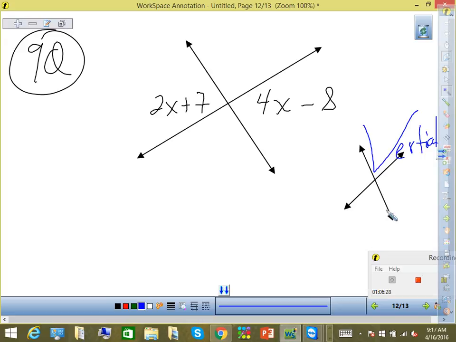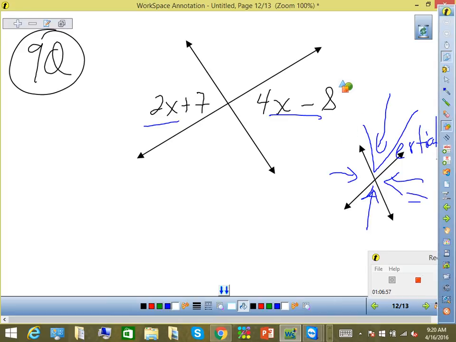They're called vertical angles because this angle that points to this angle, those two angles are equal to one another. And if these two angles are equal, that means that this angle is equal to that angle. Therefore, is this equal to this? Yes, because they are vertical. Do you guys see it or no?